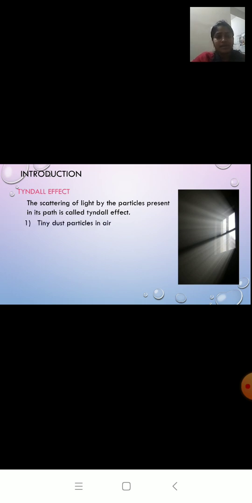So what is that? We know that there are tiny dust particles in the air. As the sun's ray strikes the dust particles, the light rays scatter. So as the light rays scatter, what happens?